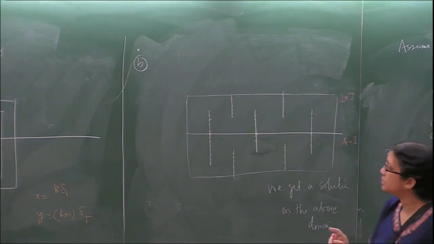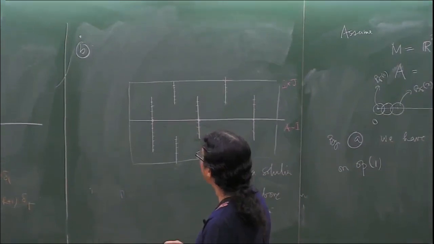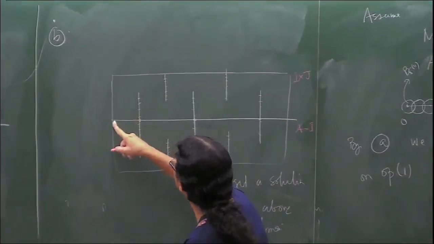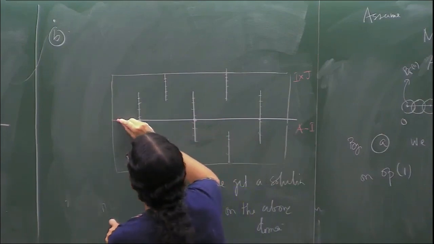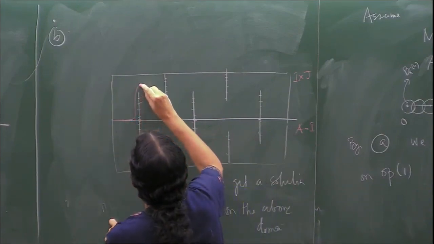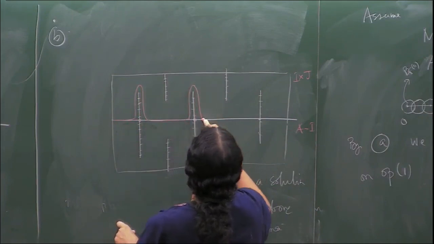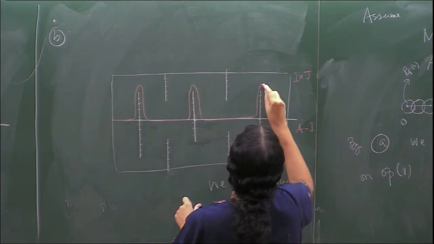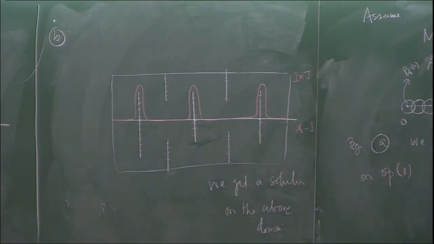I choose some deformation. So this is an A, right? This is my interval A. I will deform it to something like this. I can do it.